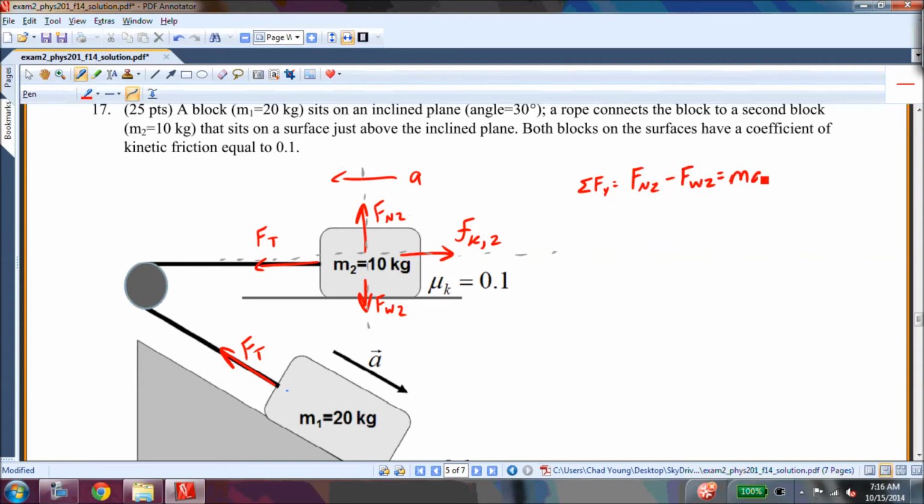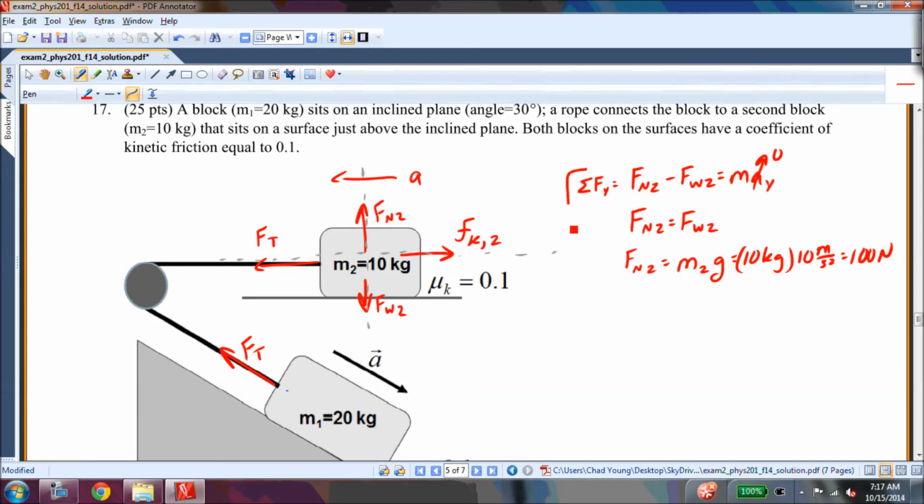That's going to equal M AY, but AY is equal to 0 in this case. So it's not moving in that vertical direction. So I say Fn2 then is equal to Fw2. So Fn2 is equal to M2 times G. That's 10 kilograms times 10 meters per second squared, which is 100 newtons. So that's my normal force.